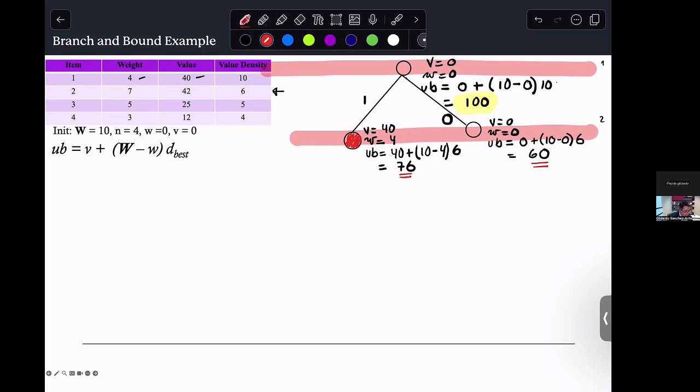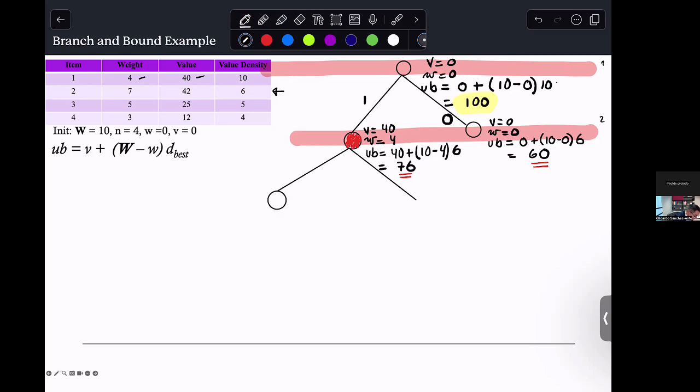The node which is on my right is not interesting now because it offers me less value than the one that is on the left. Okay, so I will branch this node, and again, we will have, I will put it there, something like that.